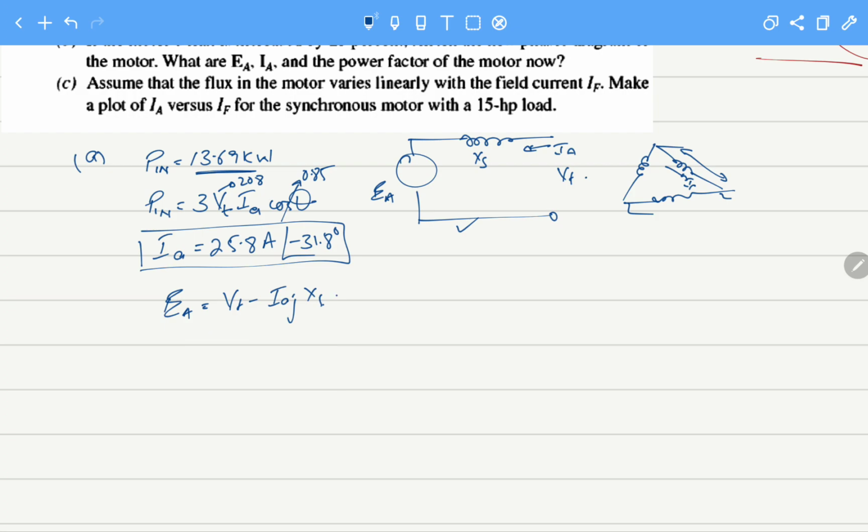So for our case this is 208 volts with angle 0 minus IA, 25.8 with angle minus 31.8, times 2.5 ohms with angle 90 degrees, where this is XS. The value of EA becomes 182 volts with an angle of minus 17.5 degrees.